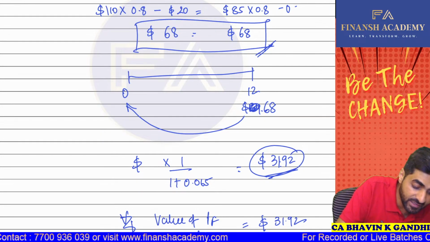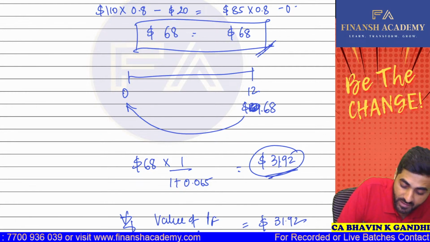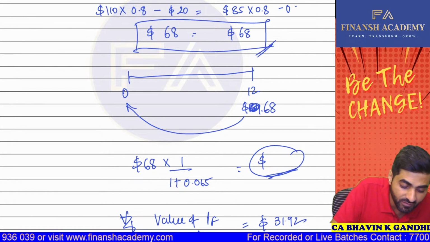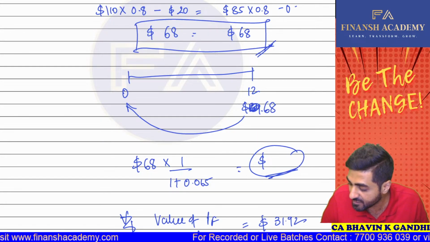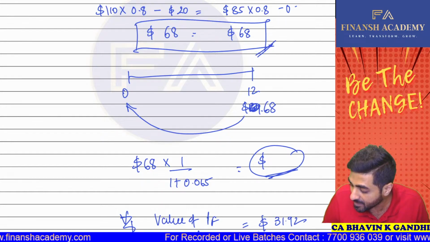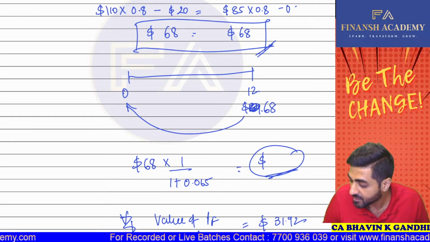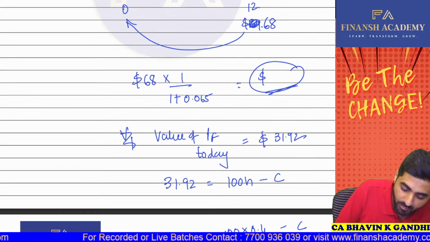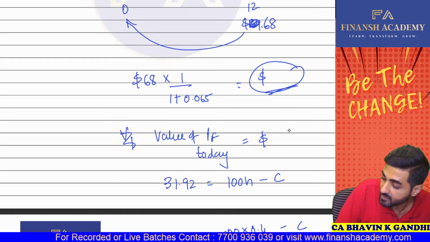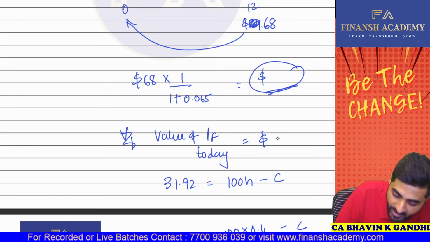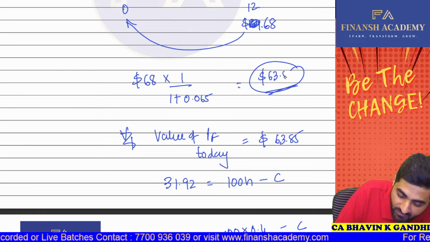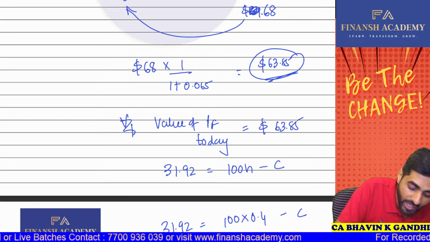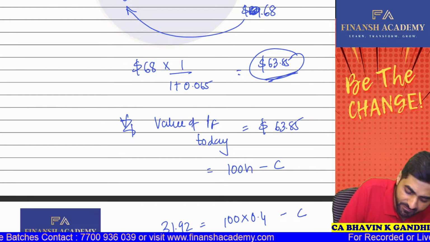When I bring this 68 to present value, I multiply it by 1 divided by 1.065, and I get 63.85. So this is the value of the portfolio today. I will take here 63.85.